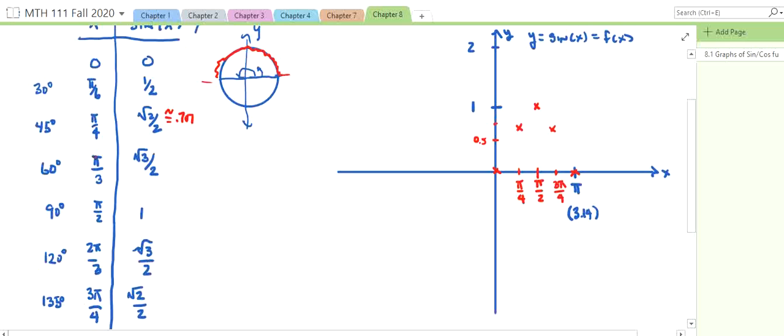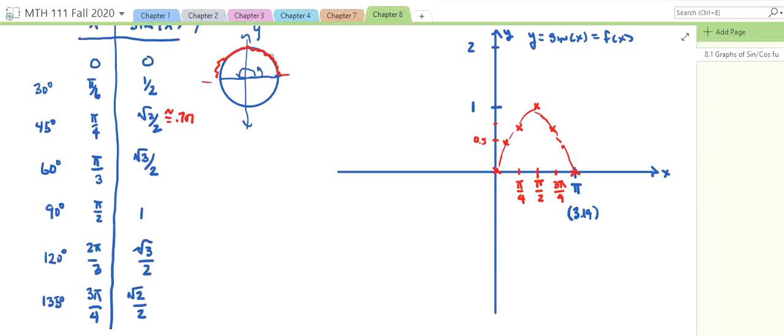And I could stick in these pi over 3 and pi over 6's at the 1/2 point. They're kind of difficult to squeeze in. I guess this is here, and then this is here. But what you see here is a nice rounded, what we call a sine curve, that goes up and comes back down.